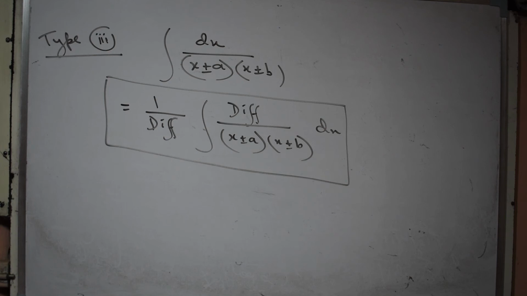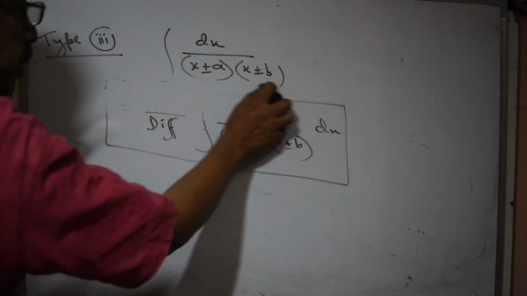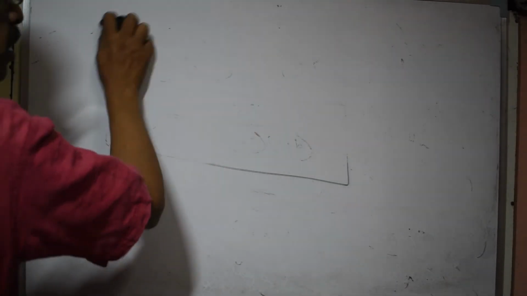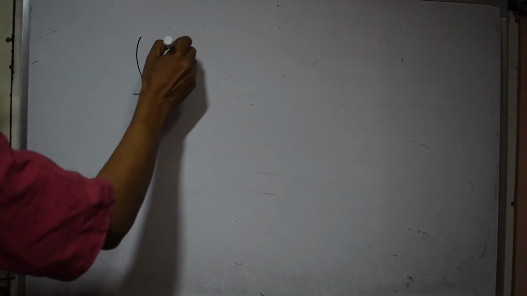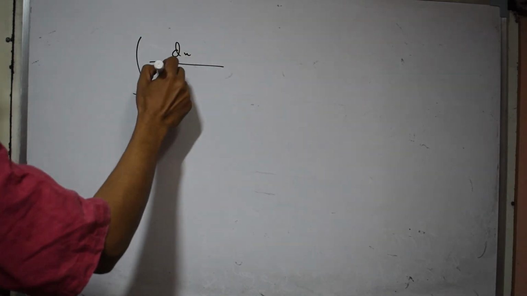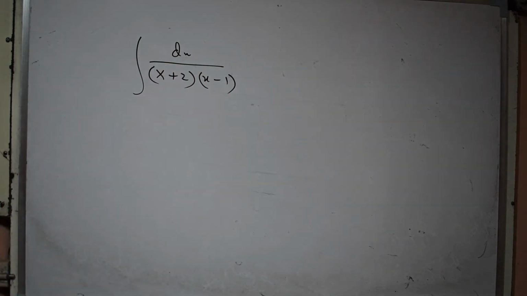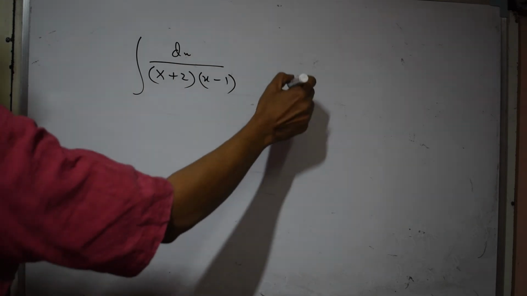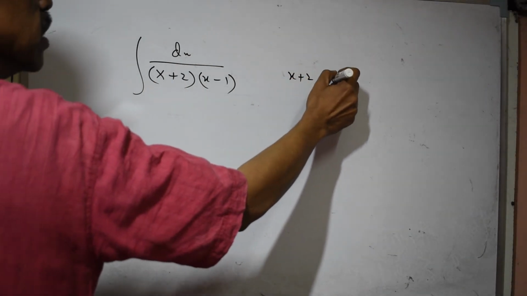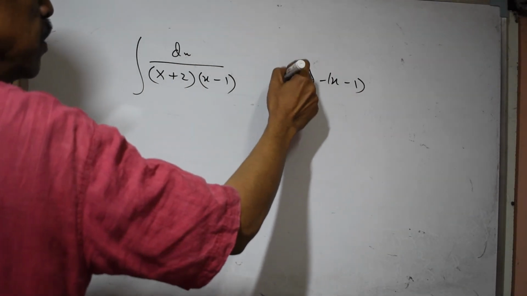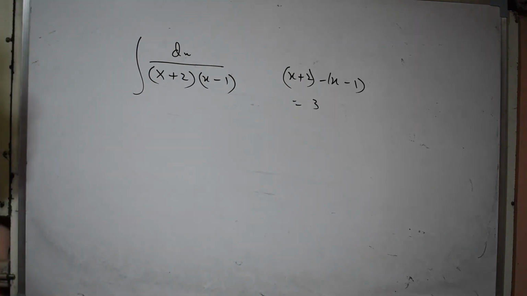Now I am taking an example, and the example is dx by x plus 2 into x minus 1. Now if you watch these two, the difference of the two, x plus 2 minus x minus 1, is 3.